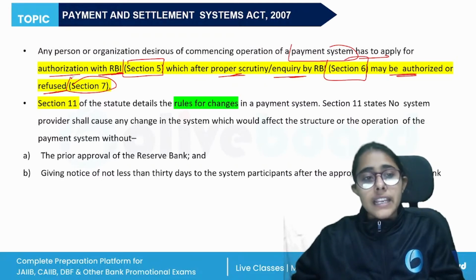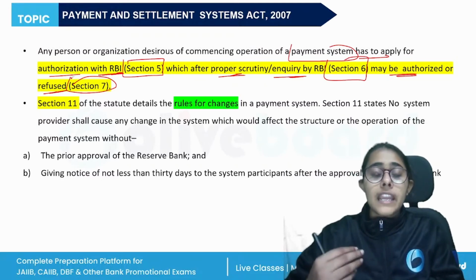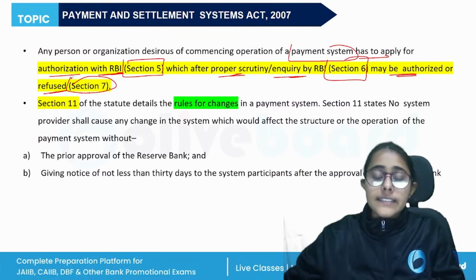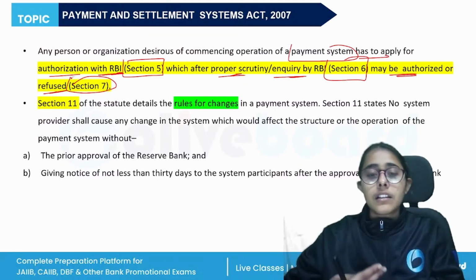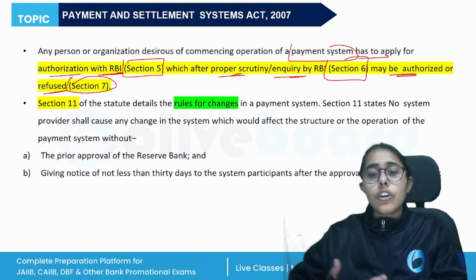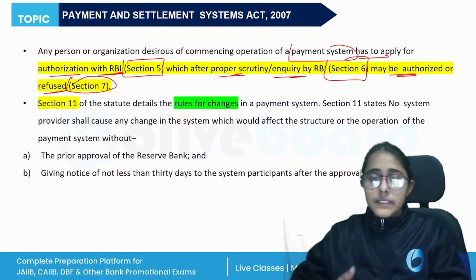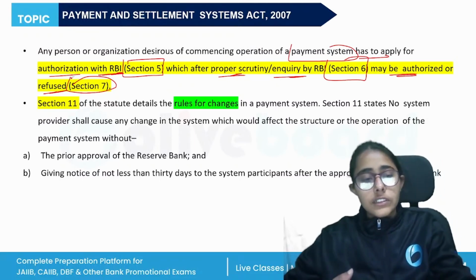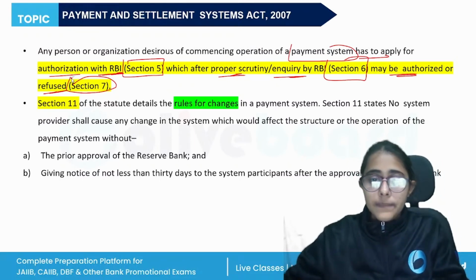Section 5 says that any person or organization that wants to start a payment system first needs to apply for authorization. Then in section 6, the RBI will conduct scrutiny or inquiry, and on the basis of their scrutiny, they will authorize or refuse the application.